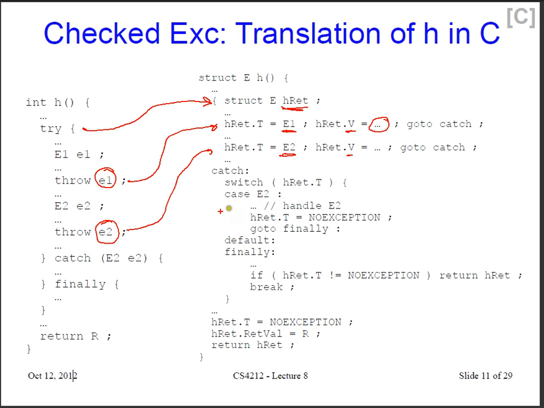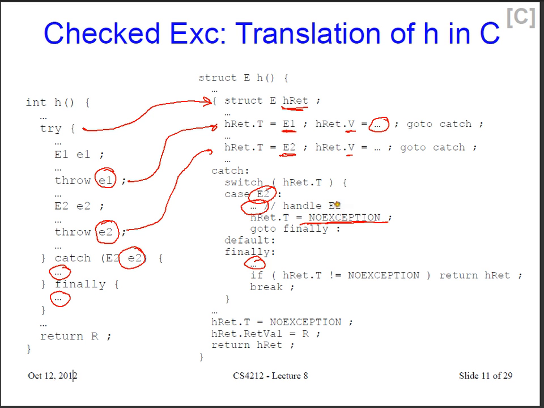The only exception we can handle inside here is E2, so we will have a case E2. And whatever code we have here, we place a translation here, and at the end of the translation we have handled the exception. So we can change the type of T to no exception, and we can go to finally. Inside finally, we perform whatever is supposed to be performed inside of finally, and then we check, has the exception been handled?